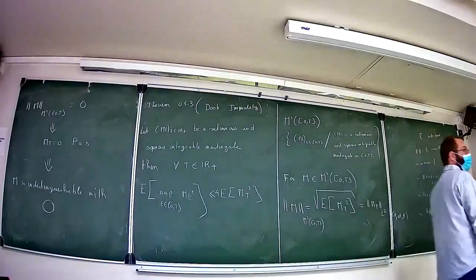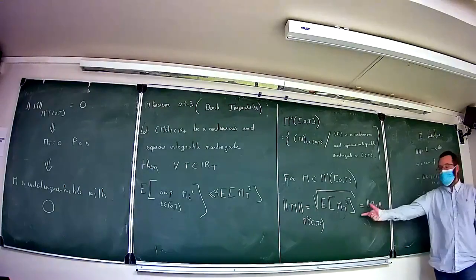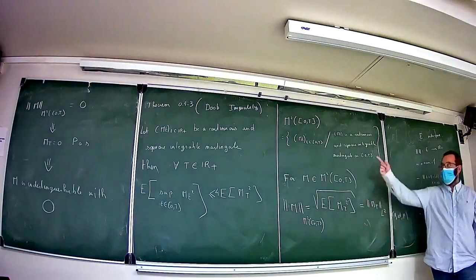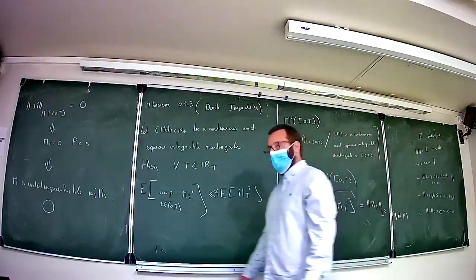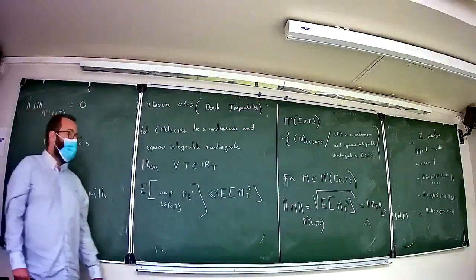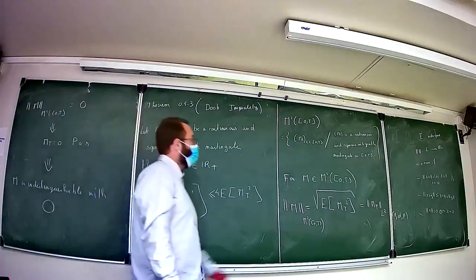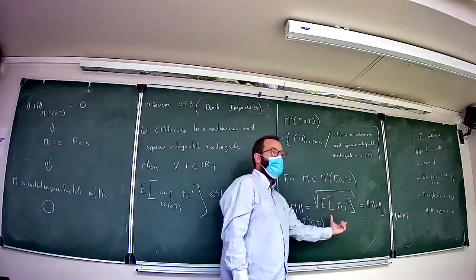So the double inequality here will only be used in this course to justify that defining something this way is a norm on the set of continuous and square integrable martingales. From now on, when we work with continuous and square integrable martingales, we are going to work with this norm.